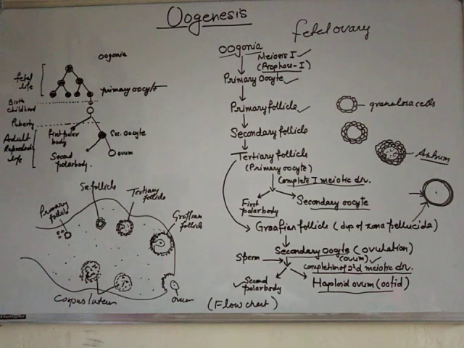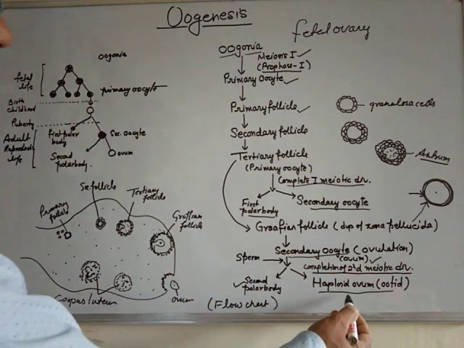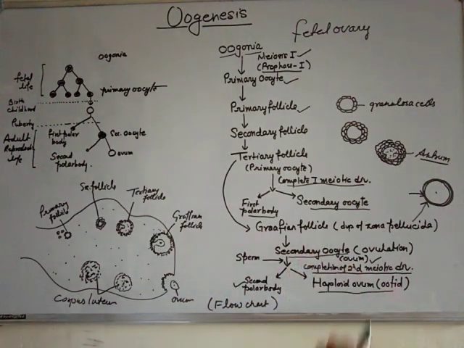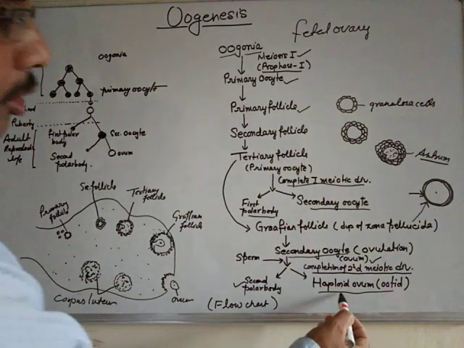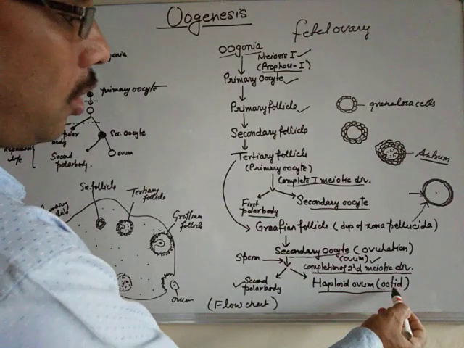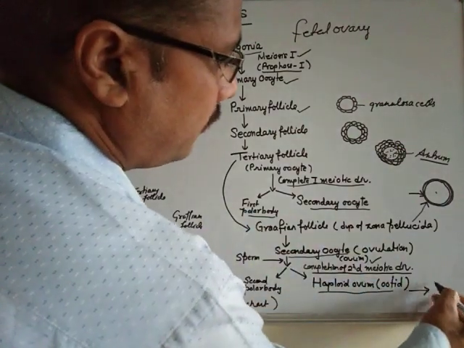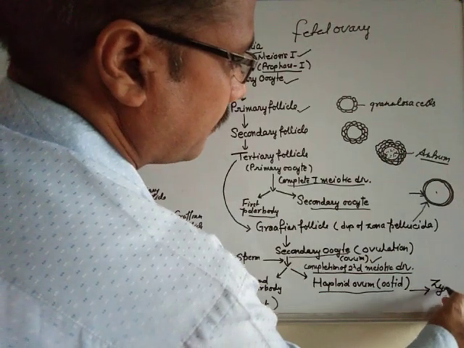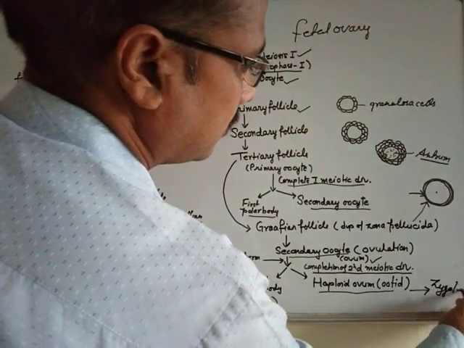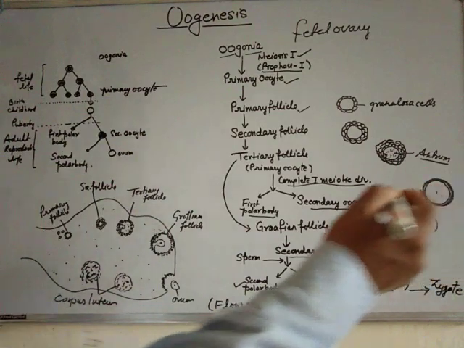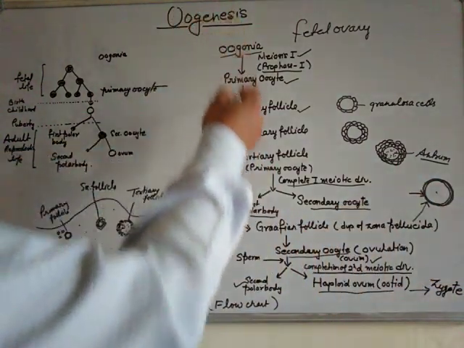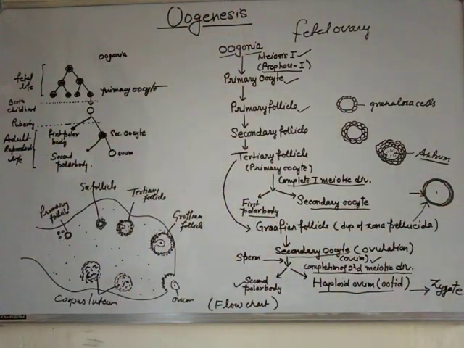Finally the sperm nucleus fuses with this haploid ovum, and formation of the zygote takes place. This is the complete flowchart of oogenesis.